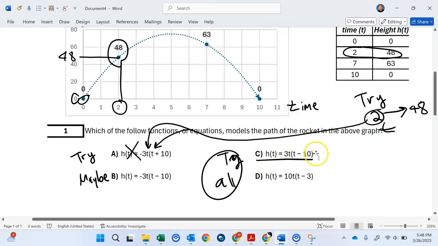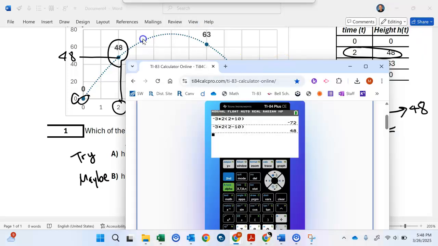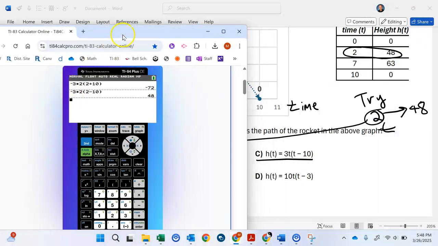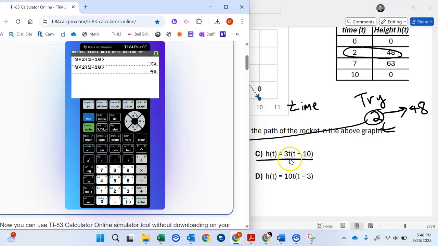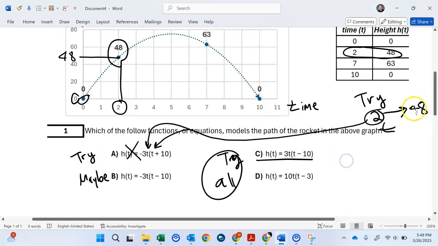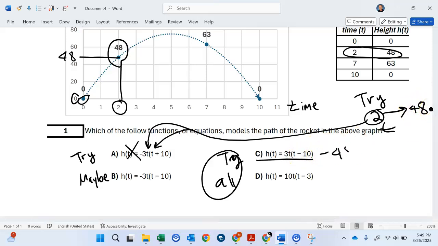So does C work? Let's try it. That's not negative, that's just 3. So 3 times 2, parenthesis, 2 minus 10, enter, and that's negative 48, but we need it to be positive 48. So that's no good.